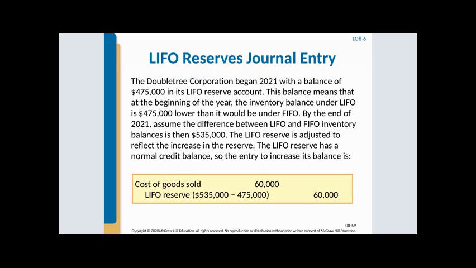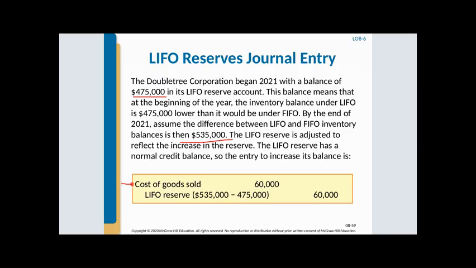Okay, and I think you have an assignment with the LIFO reserve. There's nothing to it. We're just, for example, here we're doing an adjustment. We have 475,000 in the LIFO reserve, and now we're increasing that to 535.